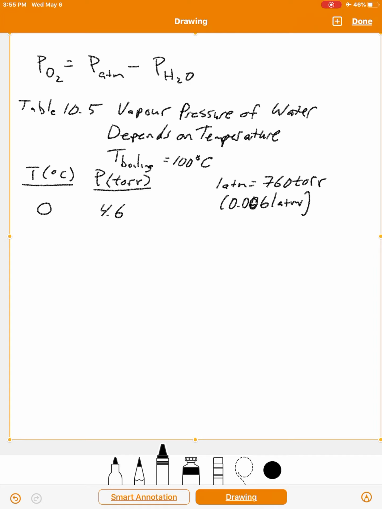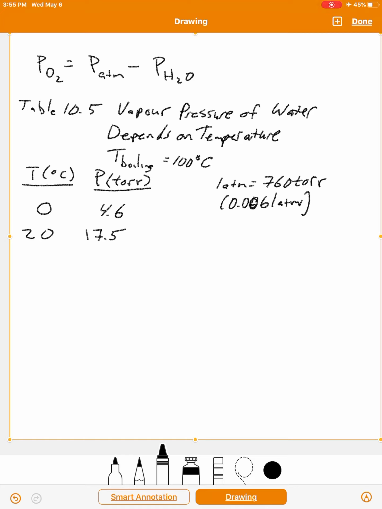But as you increase the temperature of water, let's say you bring it all the way up to 20 degrees C. Well, that's close to room temperature. Now the vapor pressure jumps up to 17.5 torr. Still not a giant value. But remember, if we're collecting everything at 1 atmosphere, that's 760 torr.